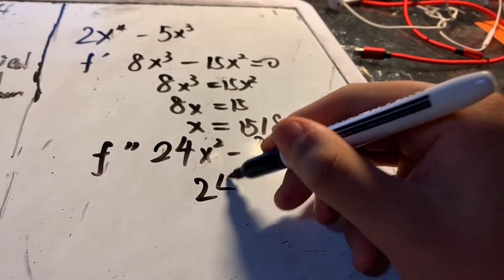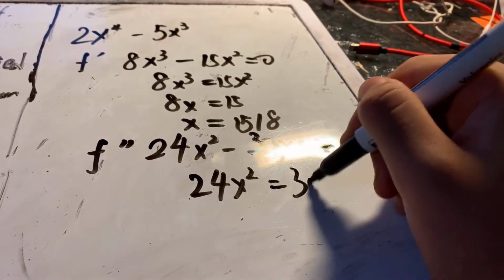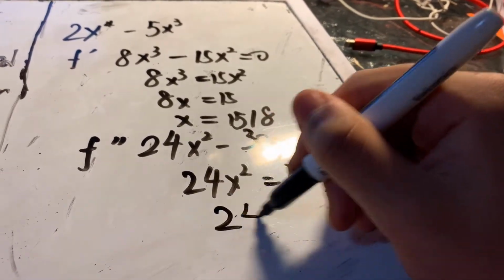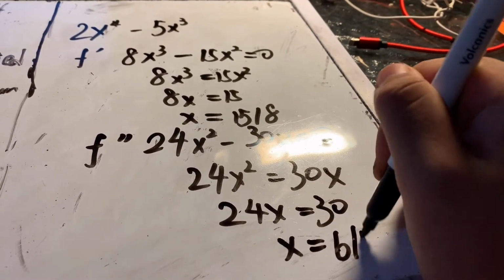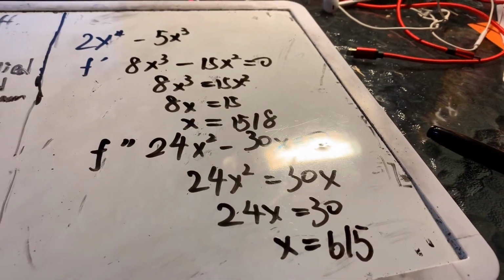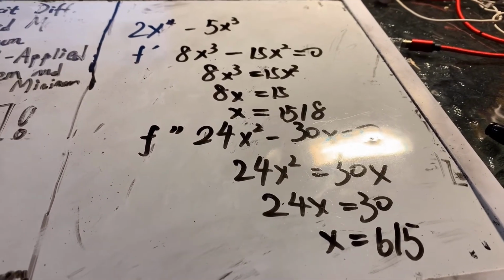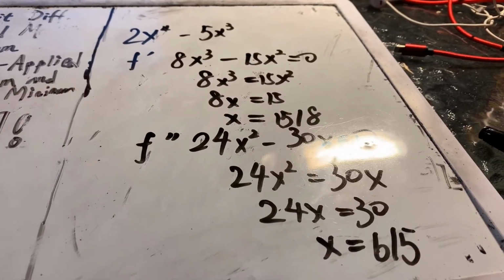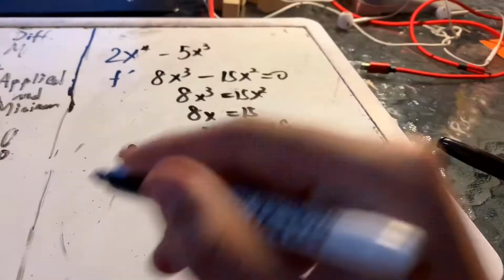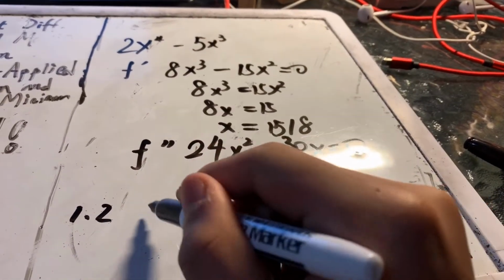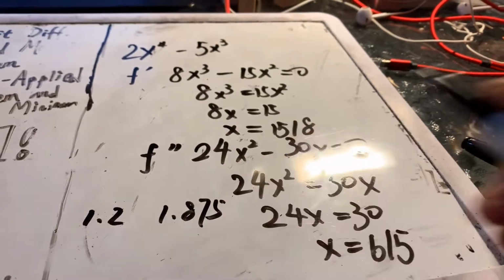So 24x squared is equal to 30x, and 24x is equal to 30, so x is equal to 6 divided by 5. Critical points and inflection points: we can write all of them here, 1.2 and 1.875.